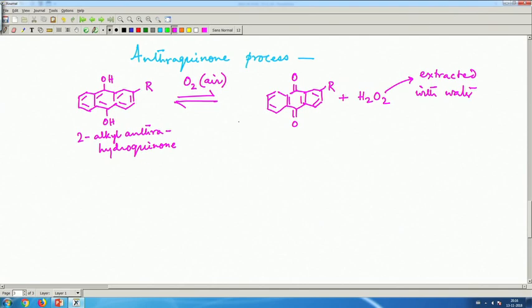This is a very useful technique, and biochemically it is also a very useful one, because we know that catechol is there everywhere, from the biological world to different other cases, and if this catechol is oxidized, we get this particular type of quinone. If these two hydroxy groups are in ortho positions, we get orthoquinone.